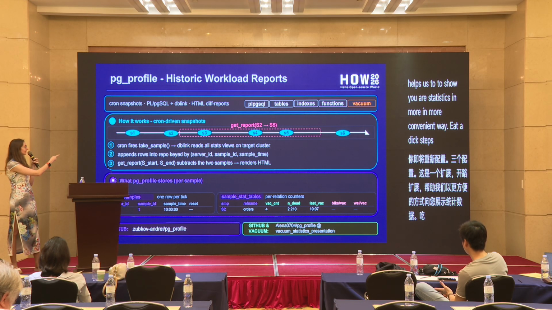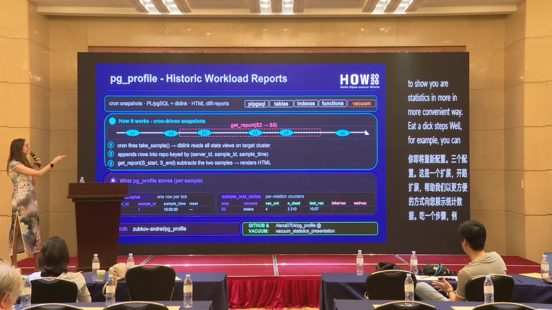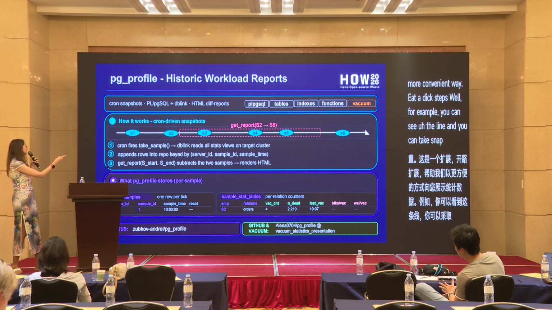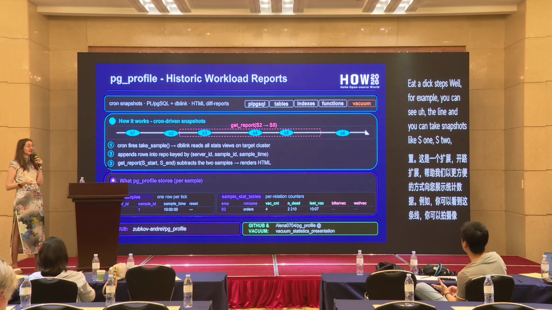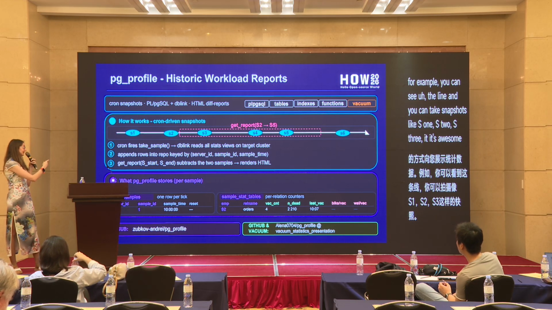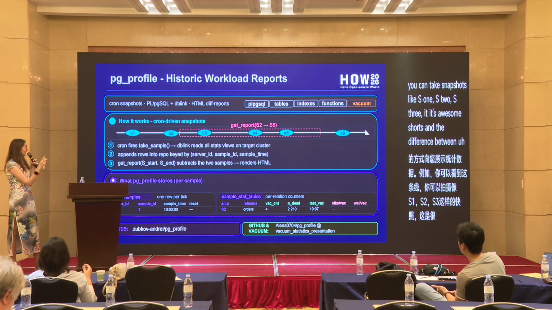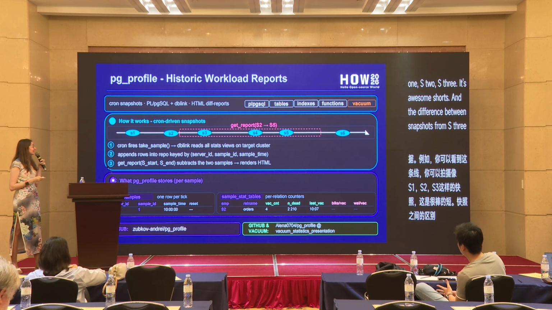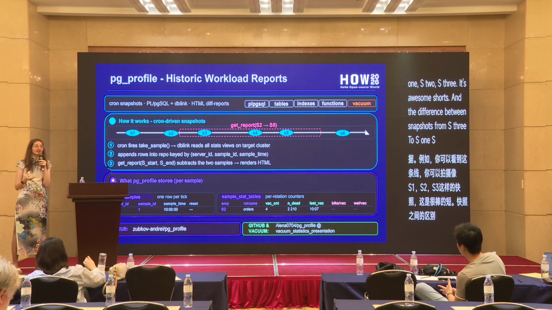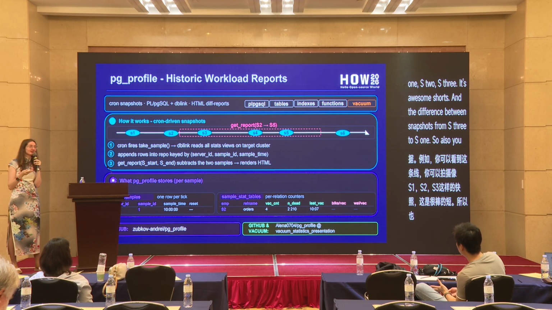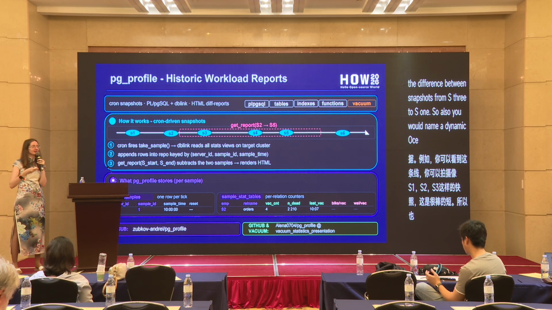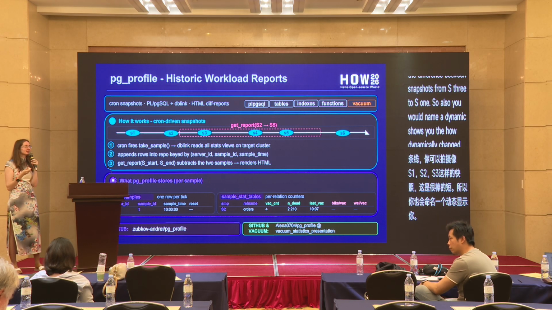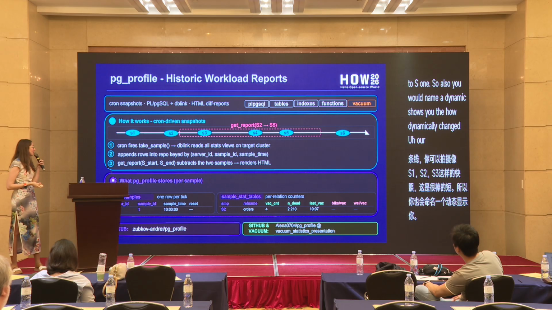You can see the line, and you can take snapshots like S1, S2, S3. The difference between snapshots from S3 to S1 shows how our system dynamically changed between these two periods.